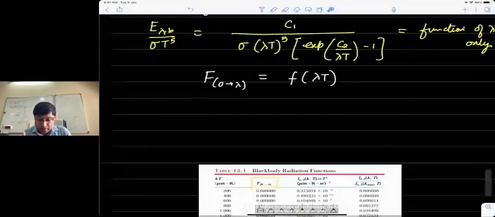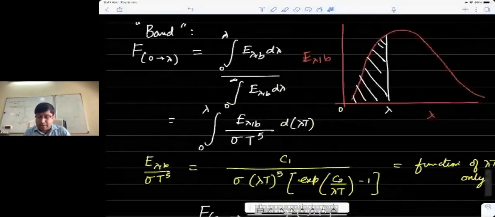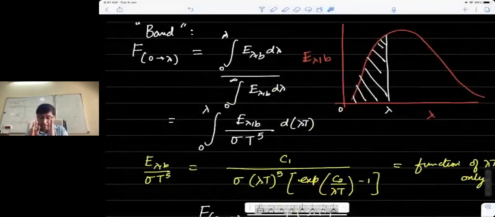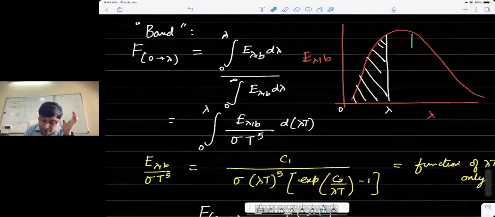Now let me also put one more question here. We said from 0 to lambda we can calculate the amount of radiation in that band. Say I was interested more in emission between two wavelengths, let's say lambda 1 and lambda 2.